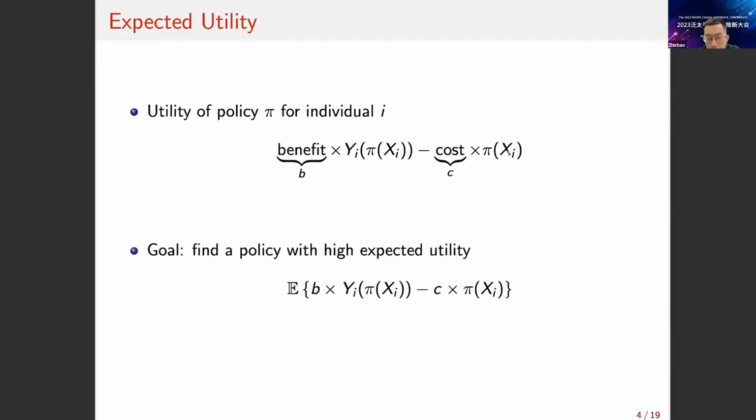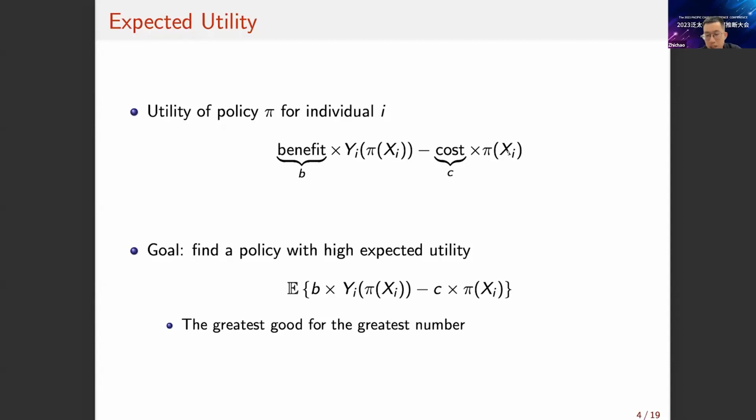Our goal is to find a policy with a high expected utility, which is the expectation of the individual utility. The concept of expected utility is based on the idea of maximizing the greatest good for the greatest number. So by finding a policy with the highest expected utility, we can make sure that we're making the decision that benefits the most people possible.